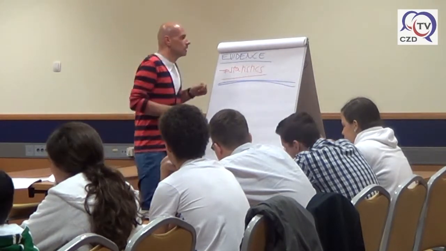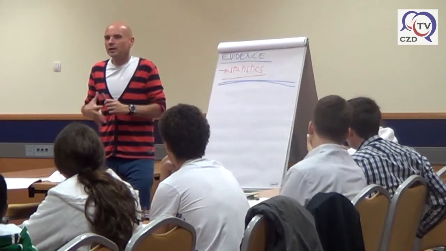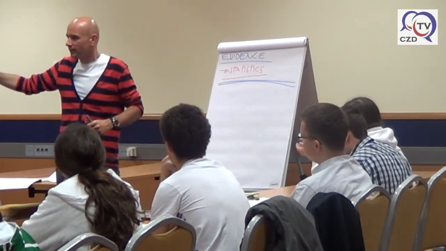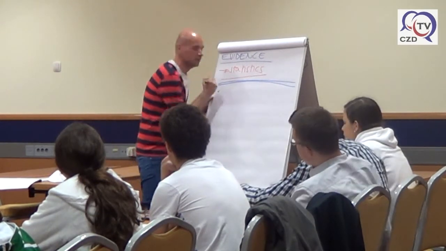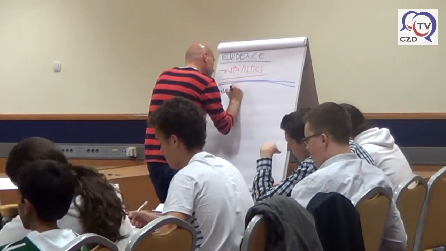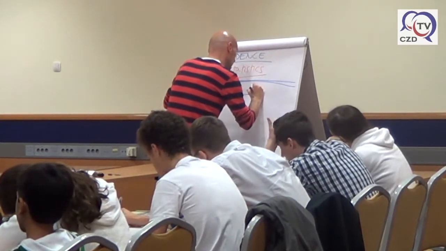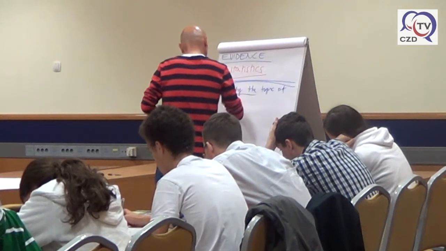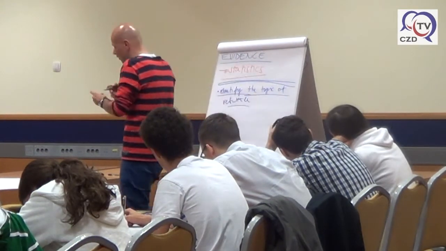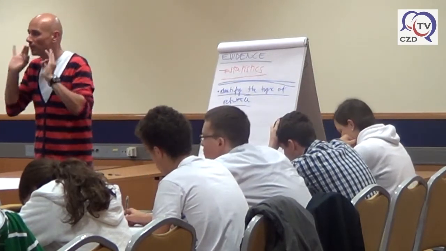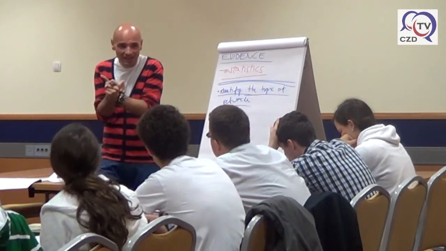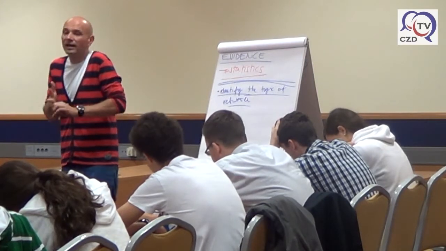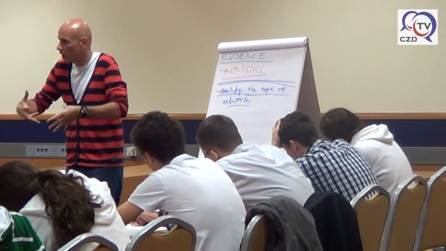Now, when we are rebutting, we have to be really clear. We have to point out which part of the proposition case we are rebutting. Is it the whole argument? So we have to identify the topic of rebuttal. Is it the reasoning that is not okay? Is the evidence wrong? Or is the whole model of their proposal wrong, and we're rebutting the whole model?